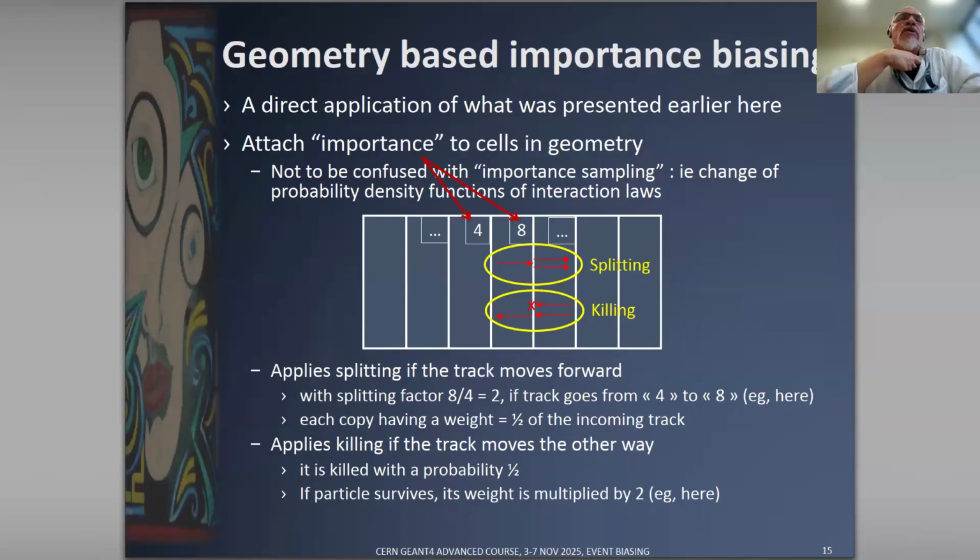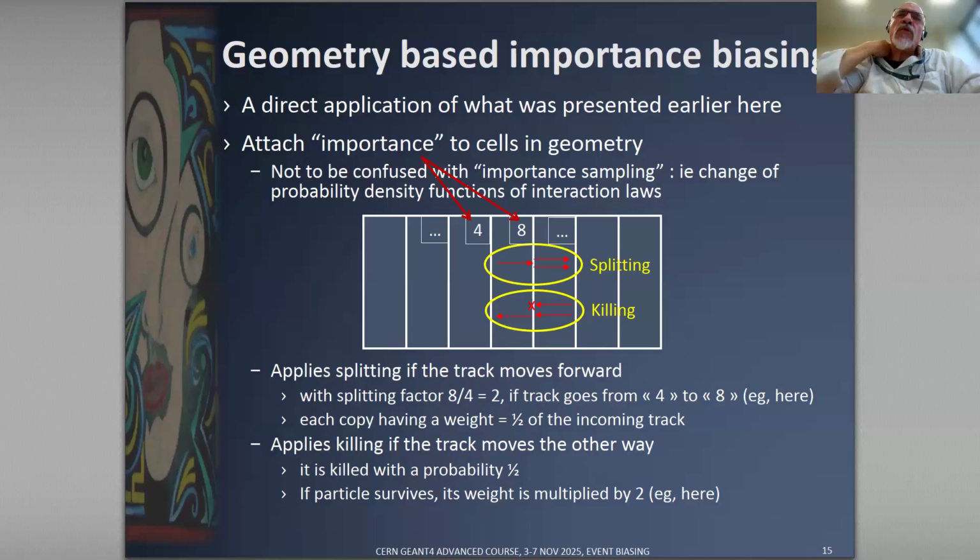As an option, there is also the geometry-based importance biasing, which is a direct application of the splitting we mentioned before. What you do is attach importance to cells in the geometry. That is, you artificially divide the geometry into cells, and you attach so-called importances inside each of these cells.